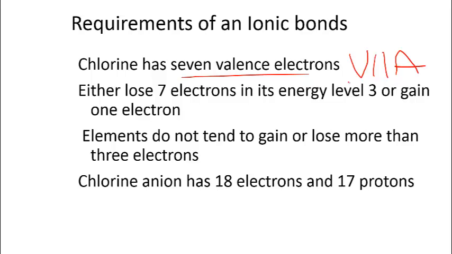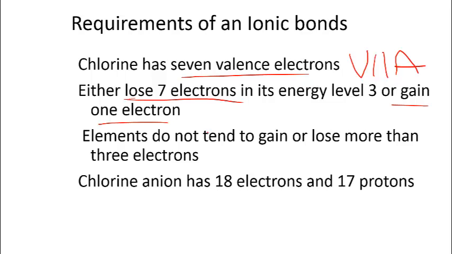It can either lose 7 electrons or it can gain 1 electron. Now, since elements do not tend to gain or lose more than 3 electrons, gaining 1 electron in order to fill its energy level 3 is far more desirable.